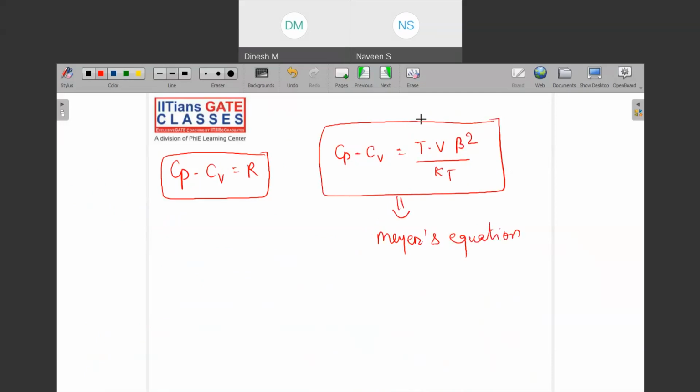Can you see that this constant is nothing but the R value? Why? Because Cp minus Cv is equal to R, and Cp minus Cv is T V beta square upon Kt. This is trying to show the R value for ideal gases specifically. Okay.